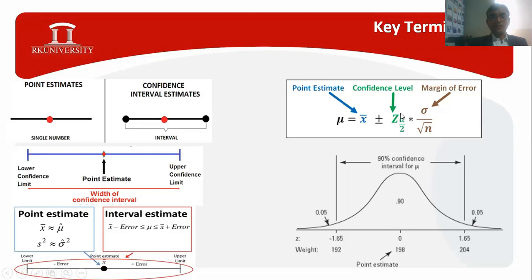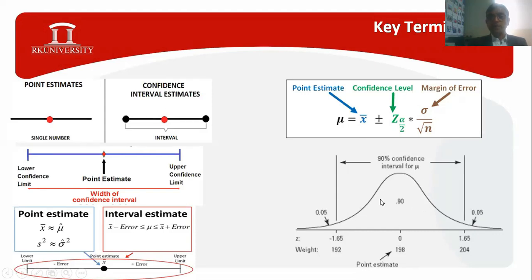That is generally denoted by z, and the margin of error, which is sigma upon square root of n. So in this diagram, we can see that x bar is 198, and we are 90% confident that the population parameter, that means mu, may fall between the range of 192 and 204. So this is the interval estimate, 192 to 204.